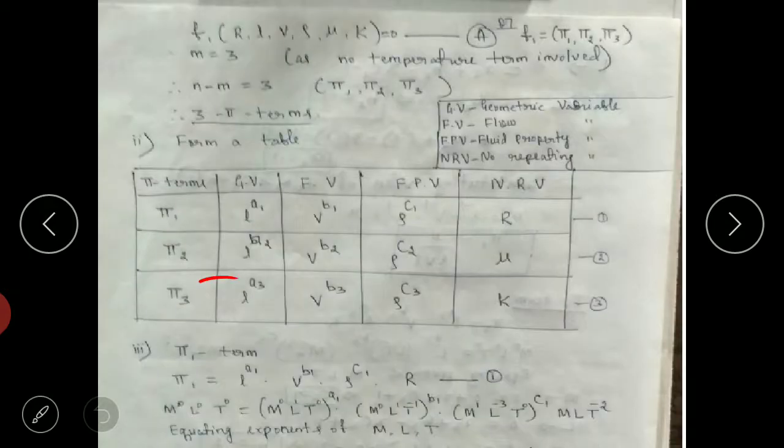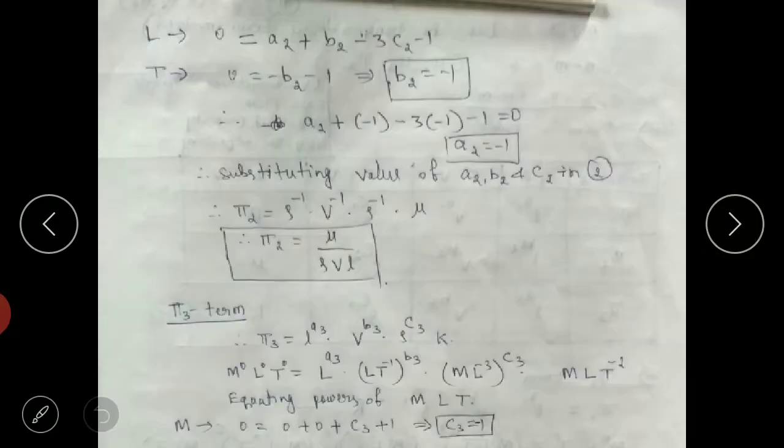Similarly, we can consider the third equation. Pi 3 is equal to l raised to a3, v raised to b3, rho raised to c3 into k. So the equation is here. Then all the units are expressed in the form of MLT. You can see for pi 3, as it is a dimensionless term, m raised to 0, l raised to 0, t raised to 0.